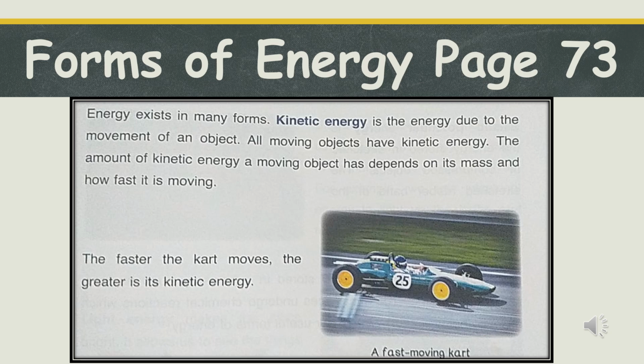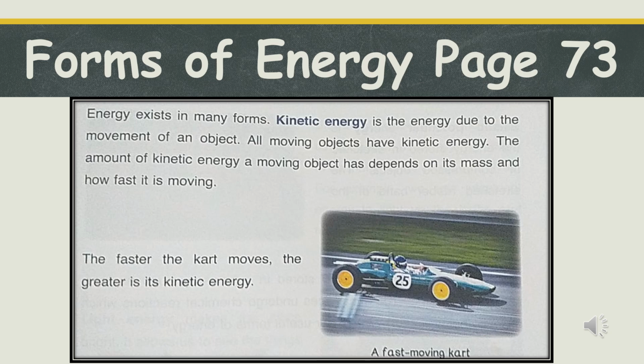So today we will look at a few different forms of energy. Look at the first one. Let's read. Energy exists in many forms. Kinetic energy, remember kinetic from the vocabulary, is the energy due to the movement of an object.